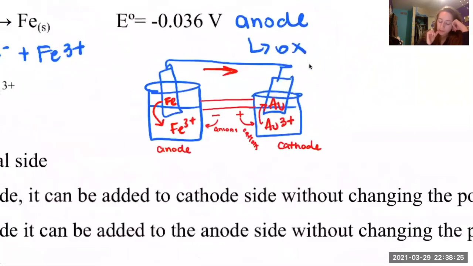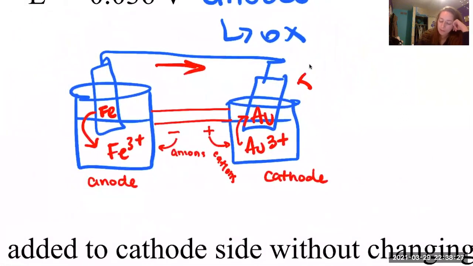So if you add platinum here, like I was saying in my review session, it has no problem transferring those electrons through, letting that Au turn into solid gold, and letting that solid gold accumulate on the platinum electrode.